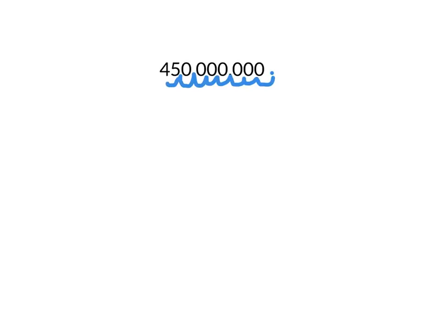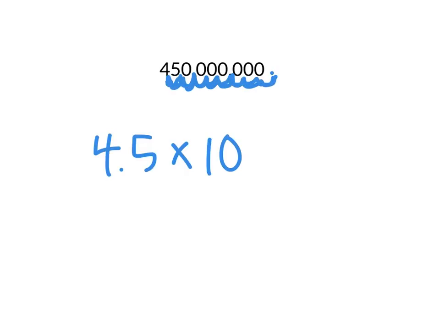I have to move the decimal one more place value. So it's going to become 4.5 times 10. And I have to look at how many place values I've moved. So I kind of count 1, 2, 3, 4, 5, 6, 7, 8. So it'll be 4.5 times 10 to the 8th.